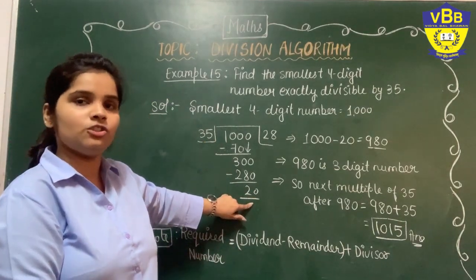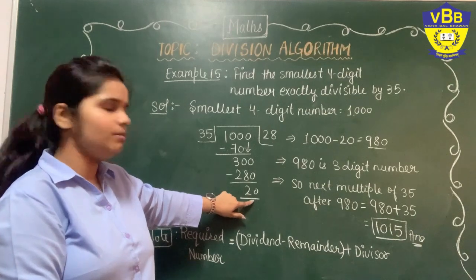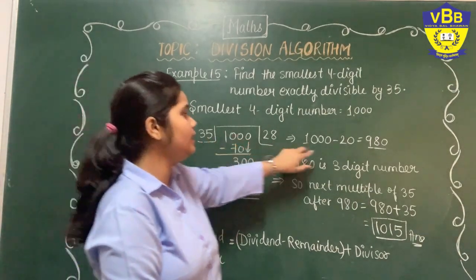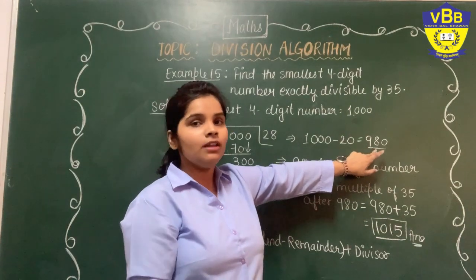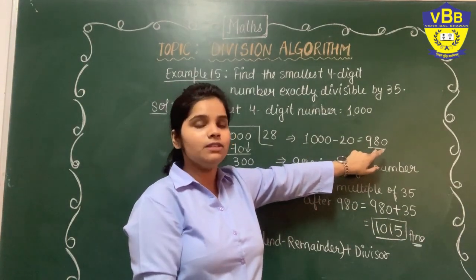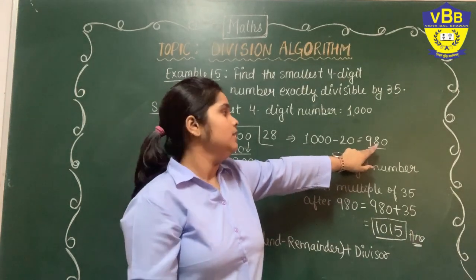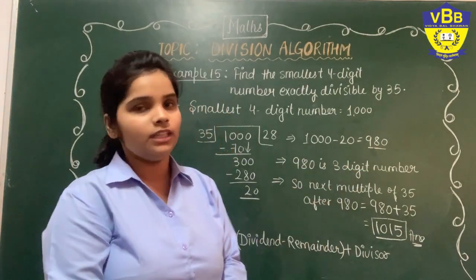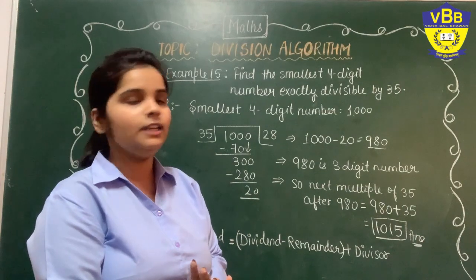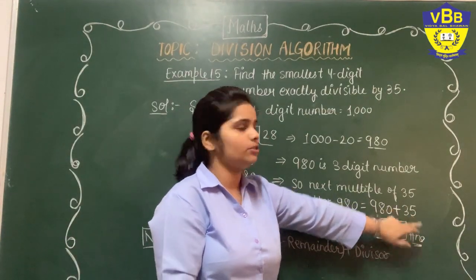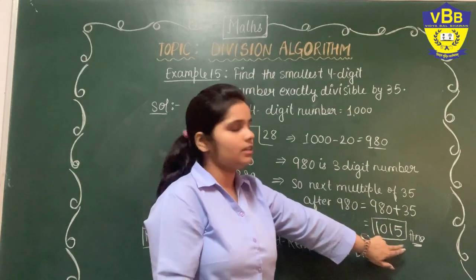This 20 is extra, so we subtract 20 from the given dividend, that is 980. Now 980 is completely divisible, but it is not a 4-digit number. We want a 4-digit number. So the next multiple of 35 after 980, we can get by adding the divisor, adding 35 to it, that is 1050.